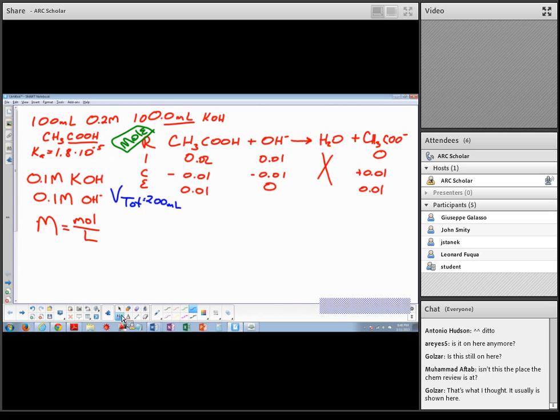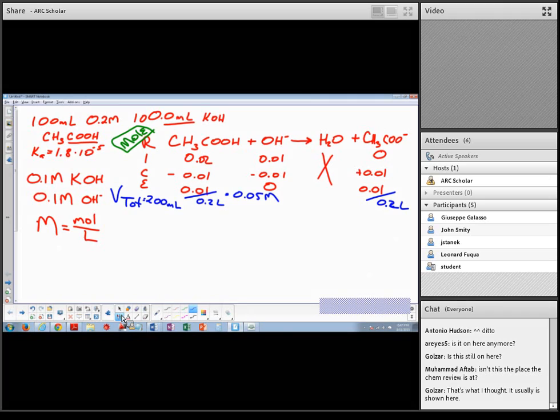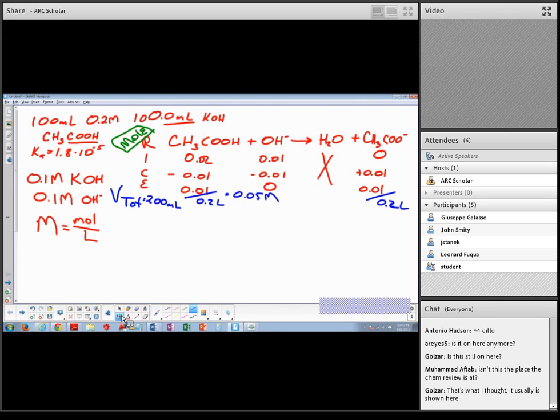If I were to divide that by 0.2 liters, and that by 0.2 liters, what's 0.01 divided by 0.2? 0.05. Yeah, that makes sense, doesn't it?